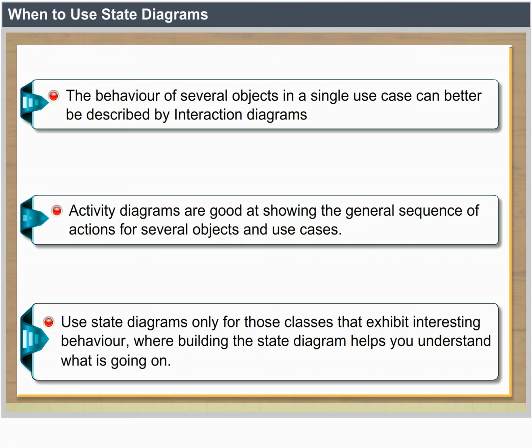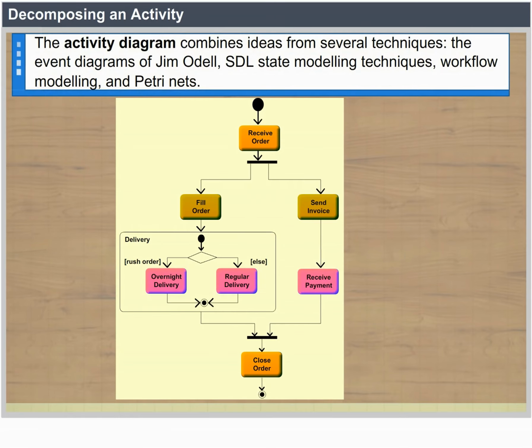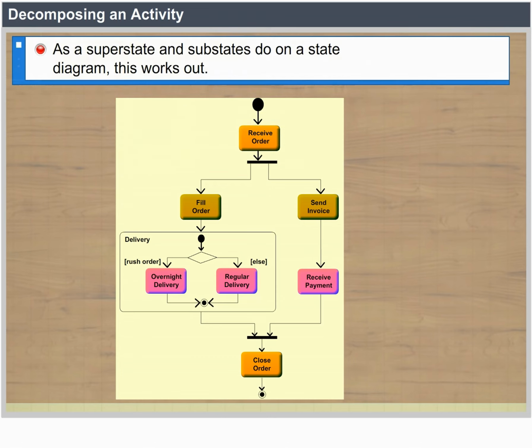is going on. Decomposing an activity. The activity diagram combines ideas from several techniques: the event diagrams of Jim Odell, SDL state modeling techniques, workflow modeling, and Petri nets. An activity can be broken down into sub-activities. As with a superstate and substates on a state diagram, this works out.